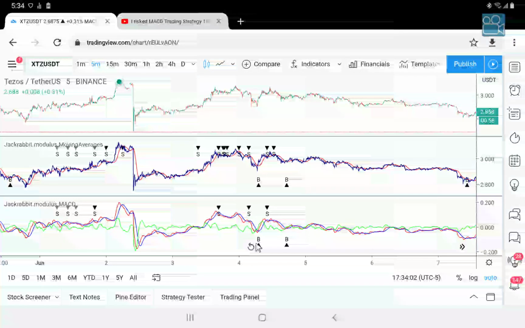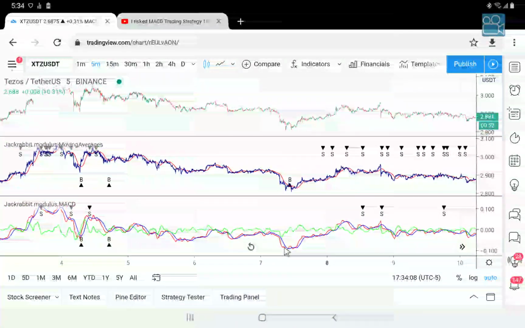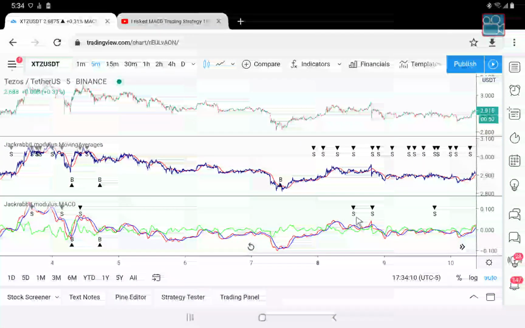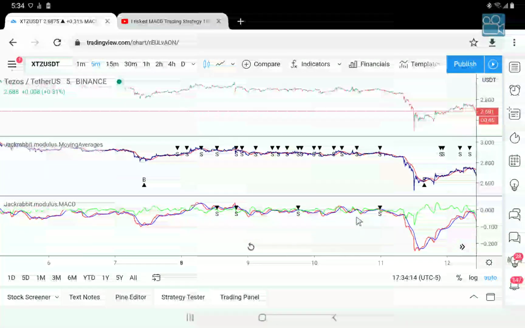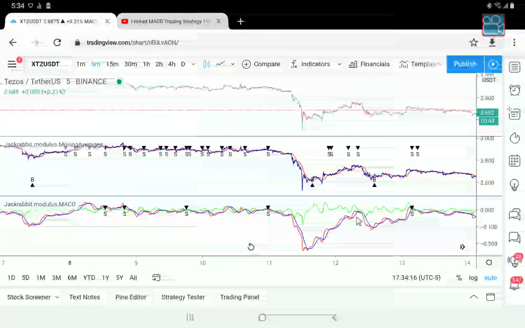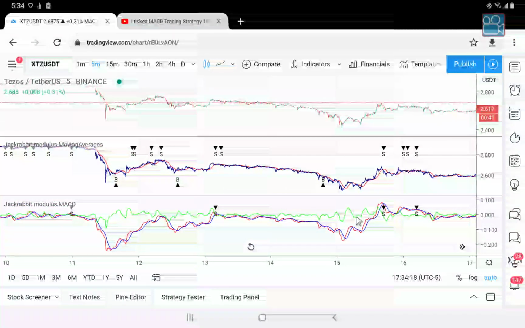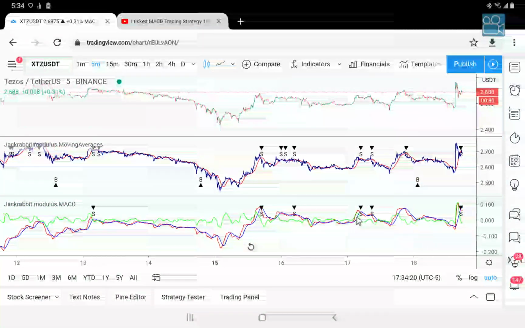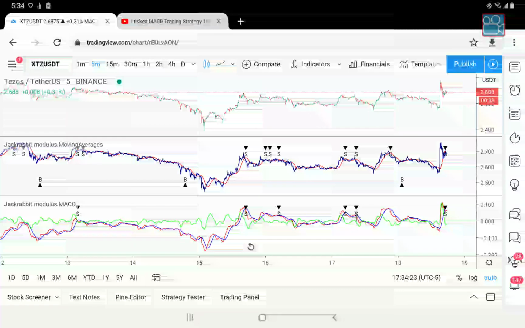June 4th, bought, sold, bought again on June 4th, and it's sold off here on June 8th. A purchase has not taken place since. So for 10 days, this coin went nowhere.